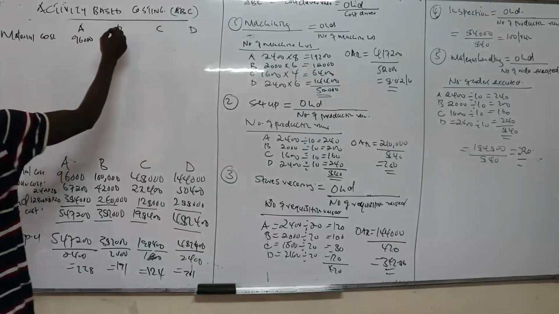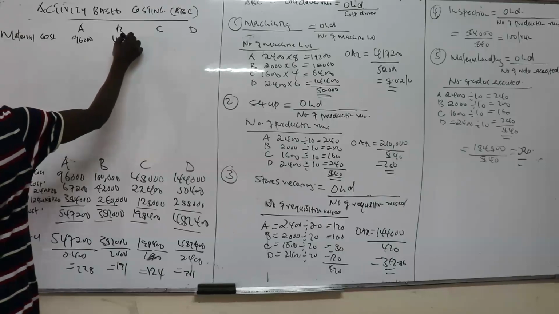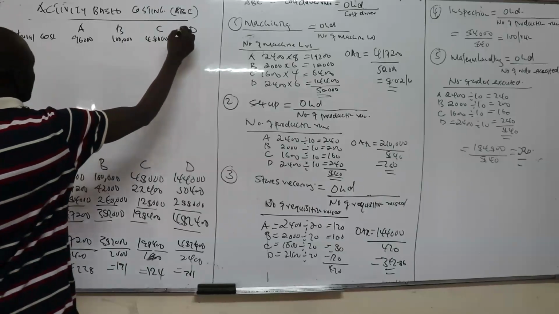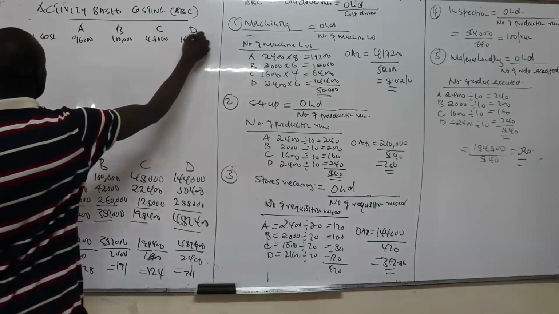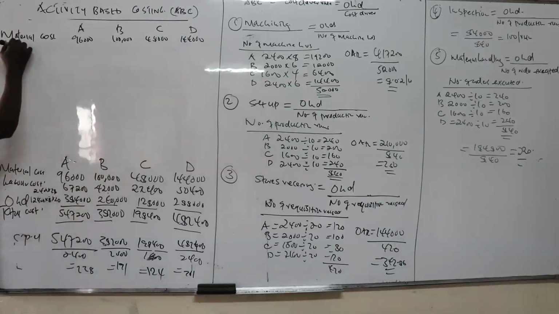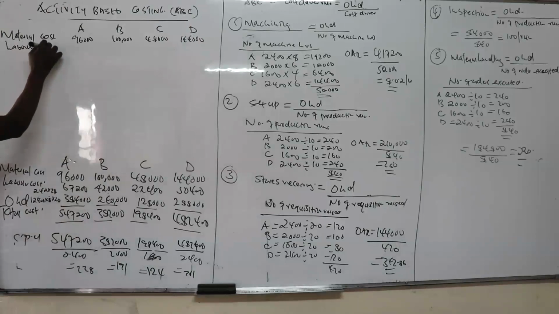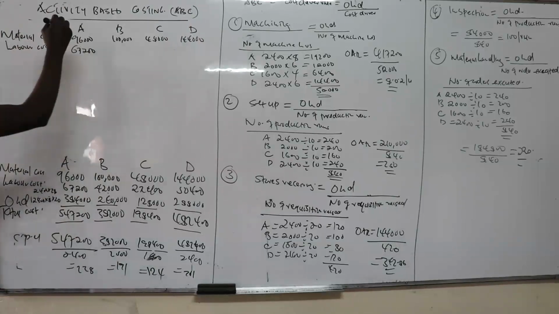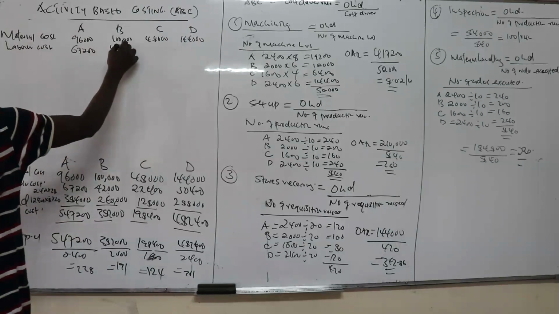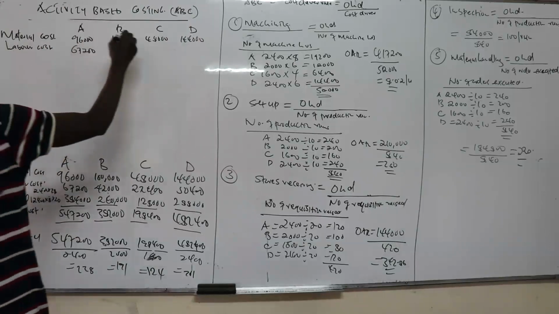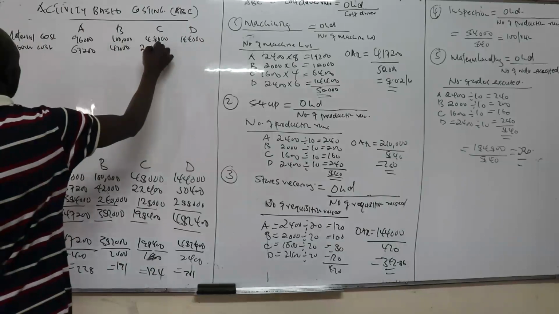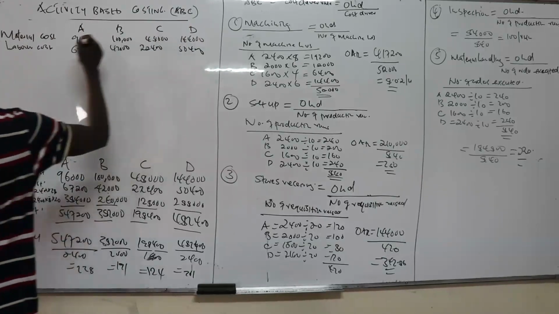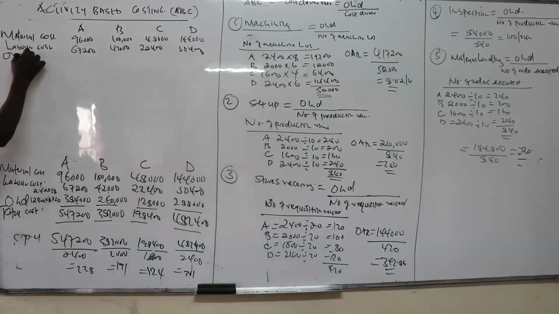Product B was 100,000. Product C was 48,000. And product D, 144,000. We had labor cost. Labor cost for A was 67,200, for B was 42,000, and for C, 22,400, and 50,400. Now here we come and write overheads.